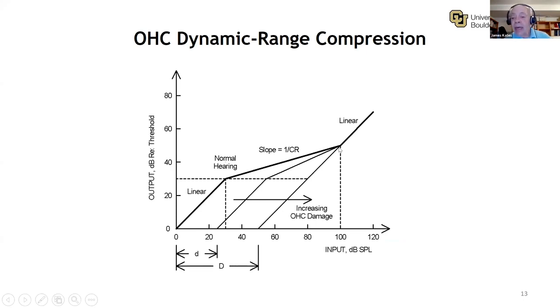As we increase the amount of outer hair cell damage in the real ear and in the model, what happens is that the linear portion gets shifted. So we're now bringing in a shift in auditory threshold down here. The high intensity behavior stays pretty much the same because the outer hair cells aren't doing very much of anything.